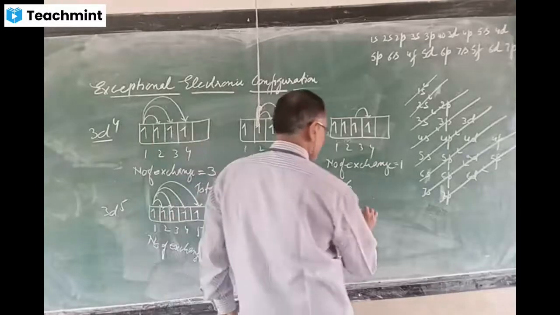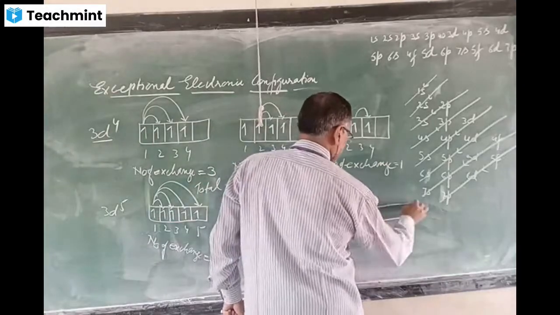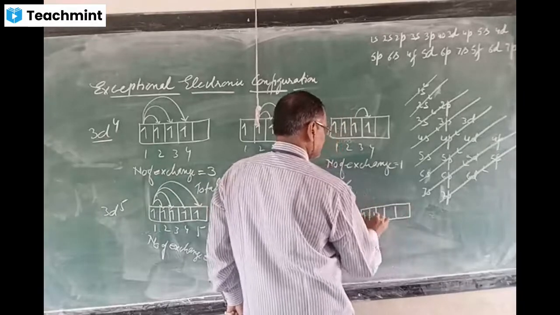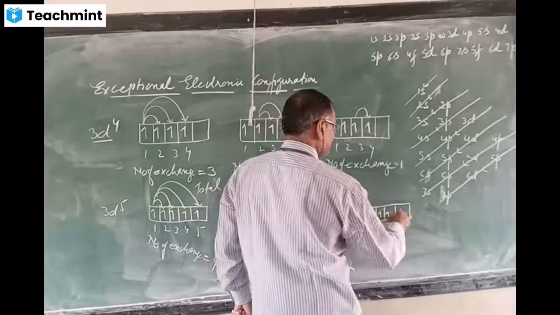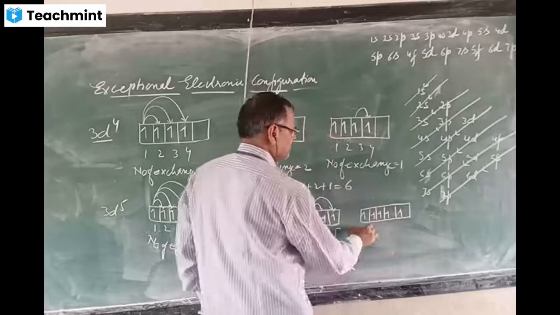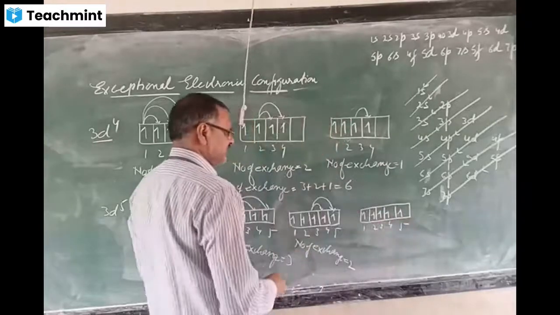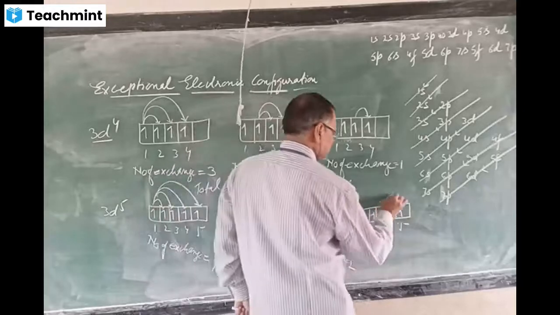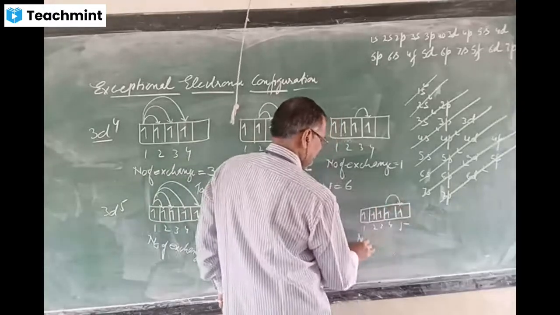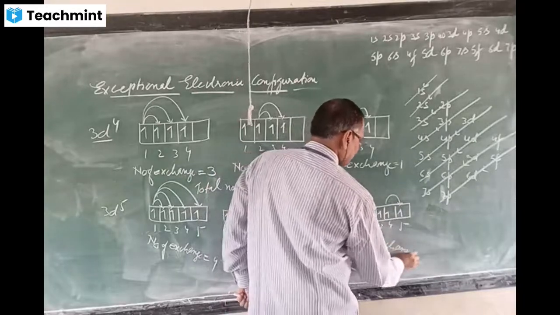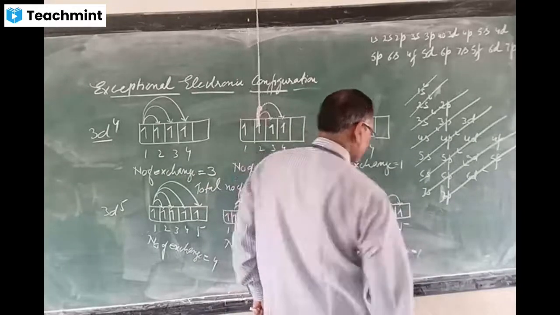Now the fourth electron exchange. 1, 2, 3, 4, 5. The third electron you have seen, now the fourth electron. Number of exchange: 1.